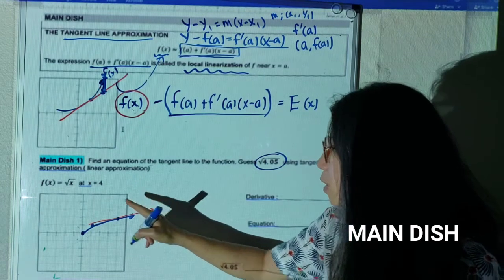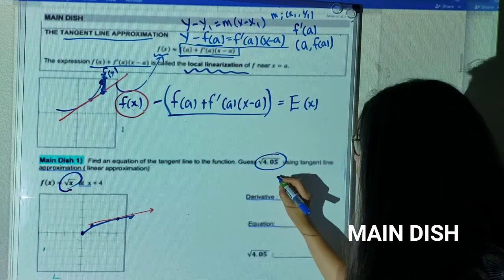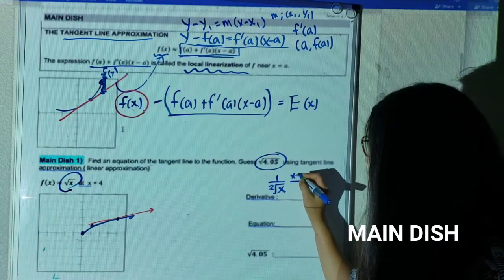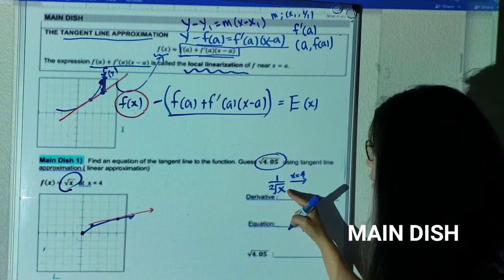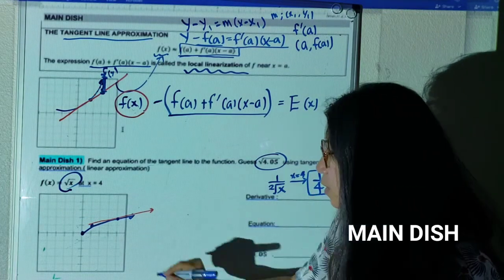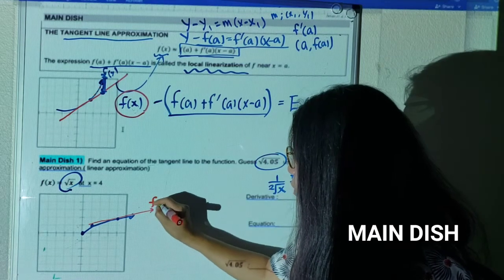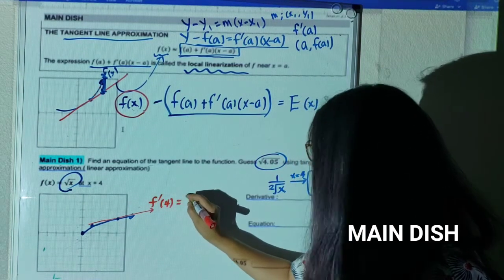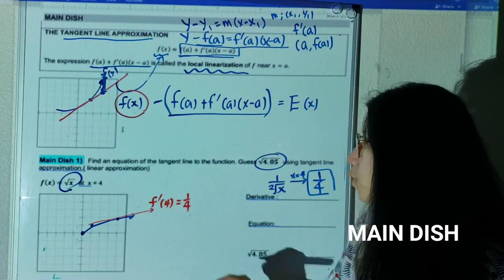So find the slope. What is the slope of this one? That will be 1 over 2 square root of x. Now at where? When x is 4. So if I plug in, that becomes 1 over 4. So I found the slope here, now I'm going to use a fancy word, f prime of 4 is 1/4. Slope at 4 was 1/4.